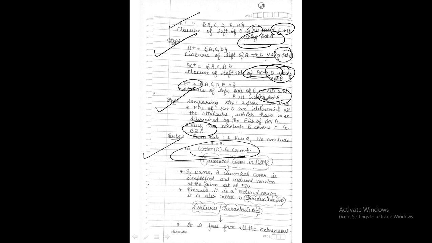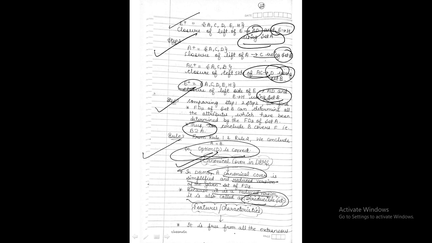Now you can see what a canonical cover is in a database management system. In a database management system, a canonical cover is a simplified and reduced version of the given set of functional dependencies. You can say that it is a reduced version. It is also known as an irreducible set. Meaning in a canonical cover, if an attribute is not written, then your relation is complete without it.